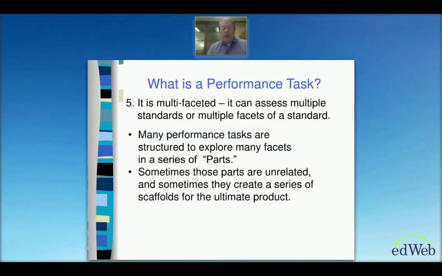So multifaceted also deals with how they're put together. And I've had a lot of interesting discussions recently with people about what this looks like in certain state tests. Because on some state tests, the performance tasks are structured to explore a series of parts that are related to the ultimate product.